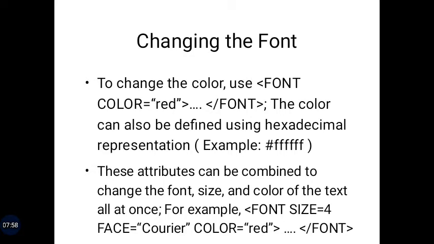You can just say red. You have light red, silver red, blue, and you also have colors defined using hexadecimal representation. At this point you start with a hash, then you proceed with the other letters. You have a certain chart that you'll be referring to. These attributes can be combined to change the font size and color of the text.